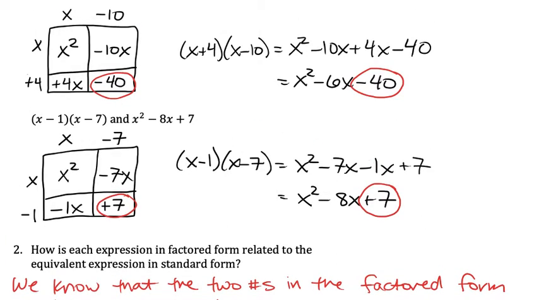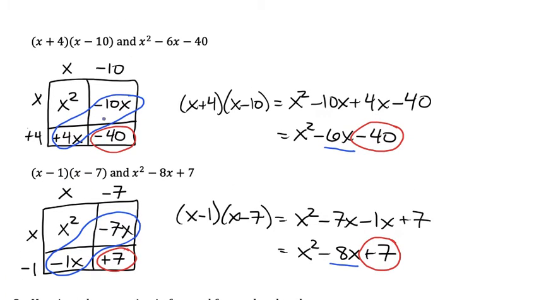Now let's look at what the middle term tells us. So we have minus 6x here, and we got that from adding these two terms together. And we have negative 8x, which we got from adding these two terms together. And these two terms come from these two numbers multiplied by x. So we know that the middle term, the two numbers in parentheses, will add to give us that number.